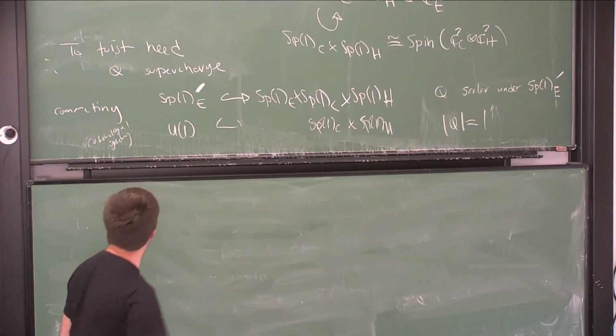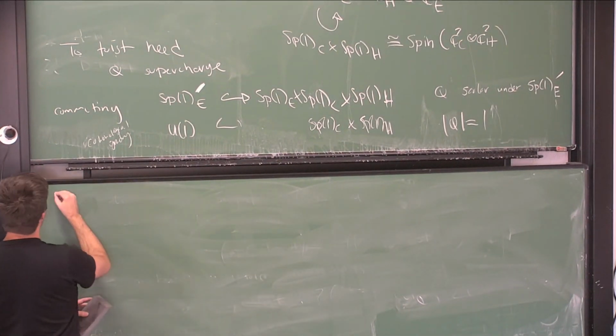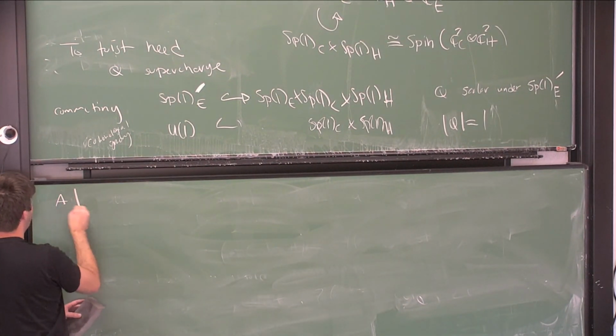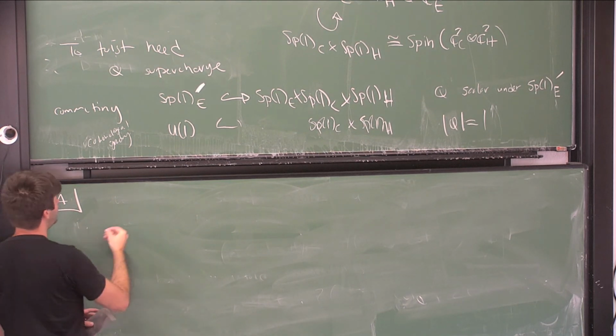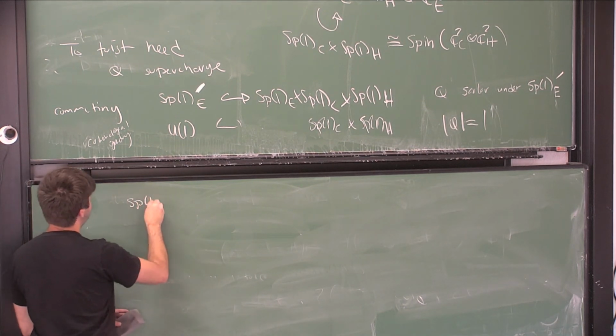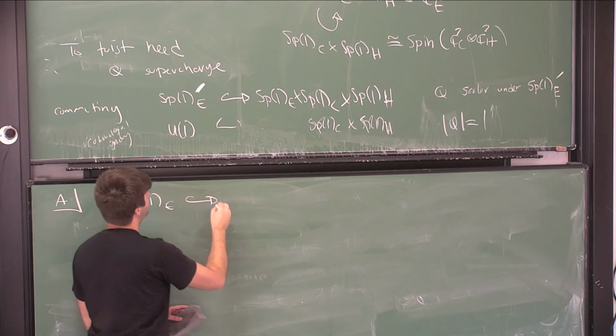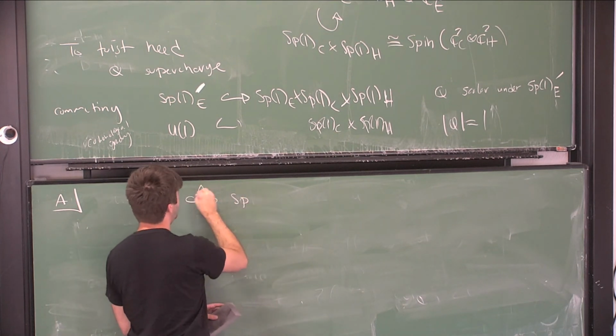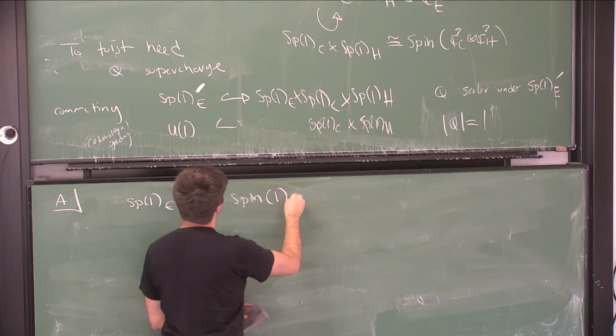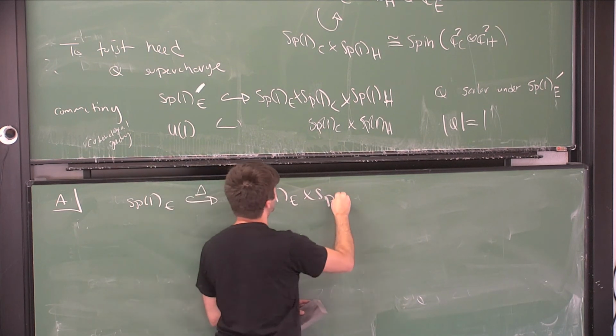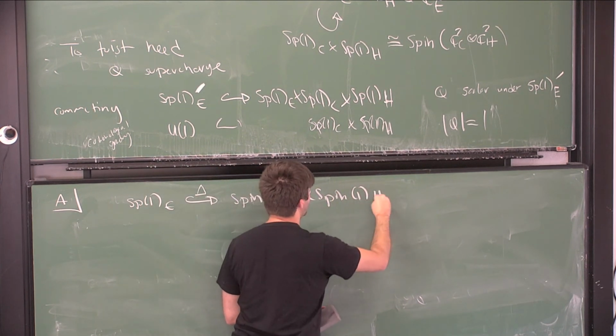Okay, so there are two classes of these things. So the first one gives rise to the A model. That's when this SP1E includes as the diagonal into SP1E times SP1H.